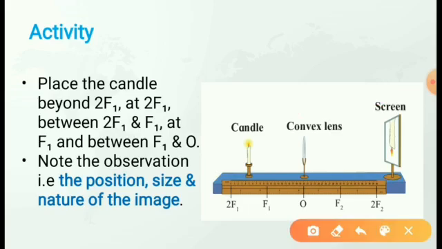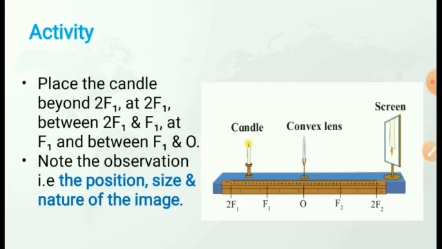Then you will turn the other side of the lens towards the screen, and again you will obtain a clear image of the distant object, it may be a tree or a building, on the screen by moving this lens in the forward or backward direction. Then measure the distance between the screen and the lens again.